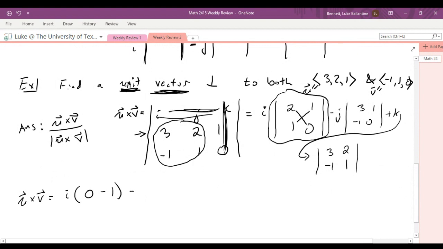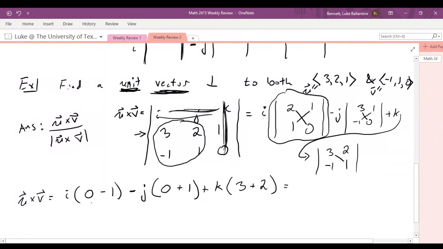Remember, the minus is always with the J. And then we have 3 times 0 minus negative 1 times 1. So that's going to be 0 minus a negative 1, which is plus 1. And then we have plus K times 3 times 1, which is 3. Negative 1 times 2 is going to be a positive 2.